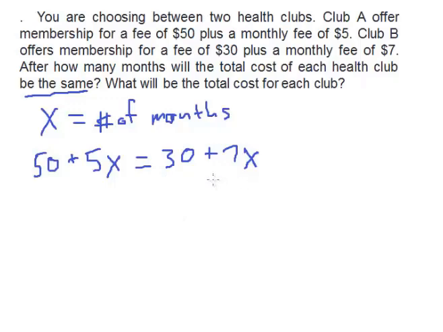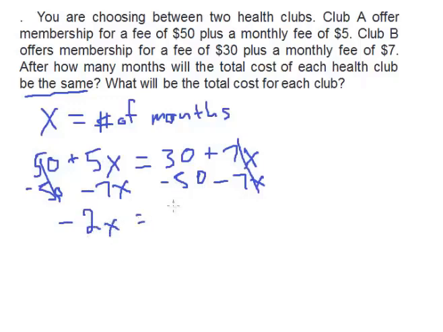It doesn't really matter, but let's subtract 7x from this side in order to cancel, and we can do that as long as we subtract 7x from that side. And then we want to get the numbers over to the right. So subtract 50 to get that to cancel, and subtract 50. 5x minus 7x is negative 2x equals 30 minus 50, which is negative 20.